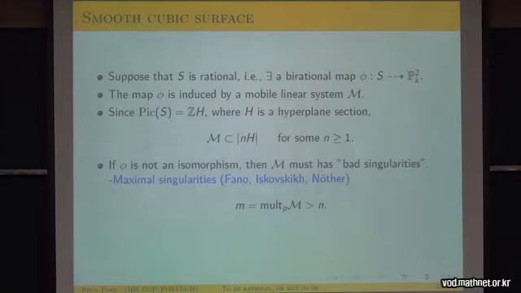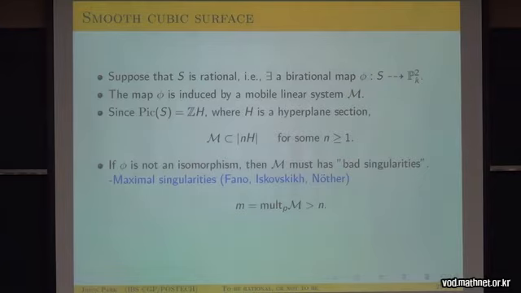This is called the maximal singularity, and it has a long history, more than 100 years. It was introduced by Fano, Iskovskikh and Manin, and Noether. This Noether is not Emmy Noether; this is Max Noether, more famous than Emmy Noether, I mean, in our circle.